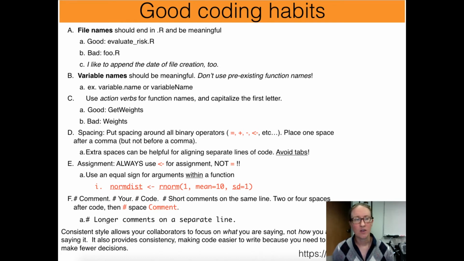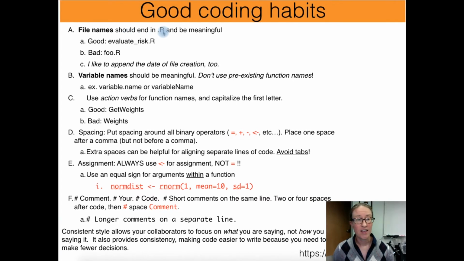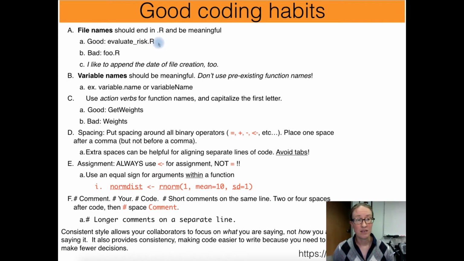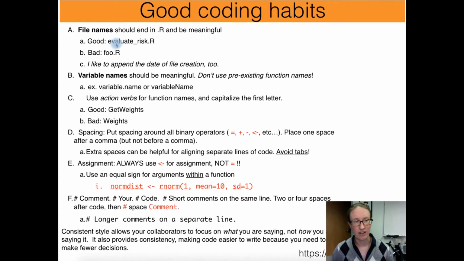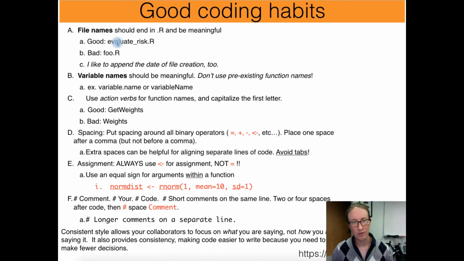So the first thing is, when you are naming your files, your R script files, they need to end in .r, and you need to give them meaningful names. So the name that describes what is in that script file. So here's a script where I'm going to evaluate some risk, .r. File.r is not informative.